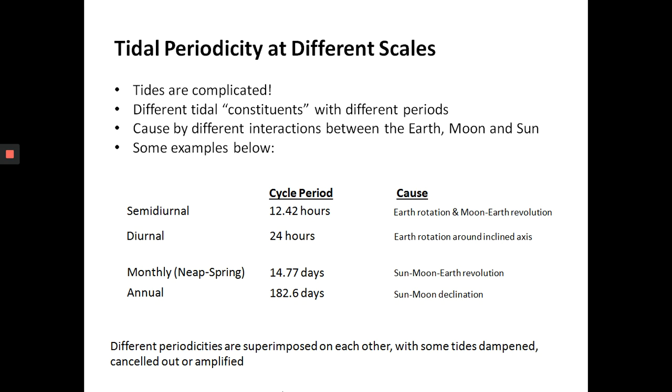They can cancel each other, or they can amplify each other, right? So this is what happens also with tides. Okay, so you can have different periodicities which are superimposed on each other and which can dampen some tidal signals, cancel out some tidal signals, or even amplify tidal signals.